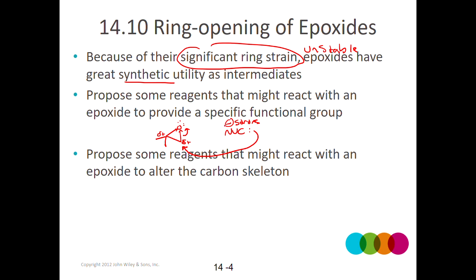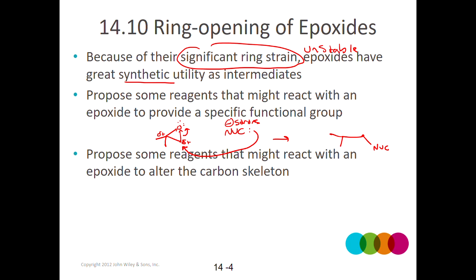And there are a variety of functional groups we've worked with last semester and this semester that we can now utilize to attack an epoxide and control the structure of the resulting molecule. Right? So that would result in a new bond between whatever the nucleophile is and this carbon here. When this bond breaks, that carbon is no longer bonded to oxygen, but still bonded to this carbon over here.